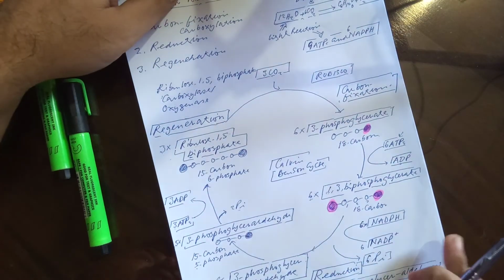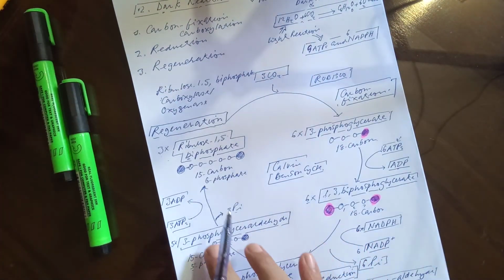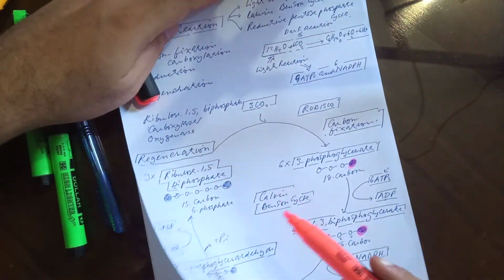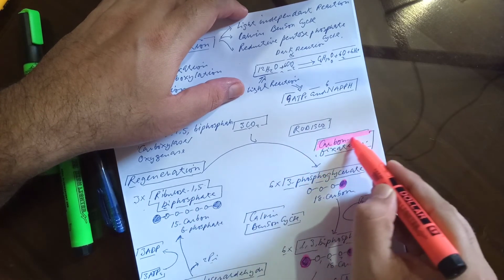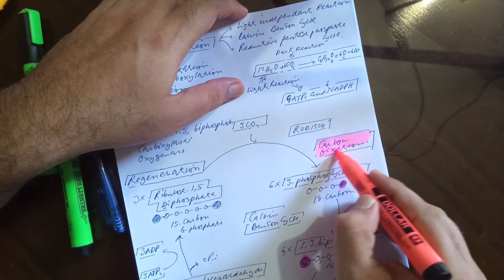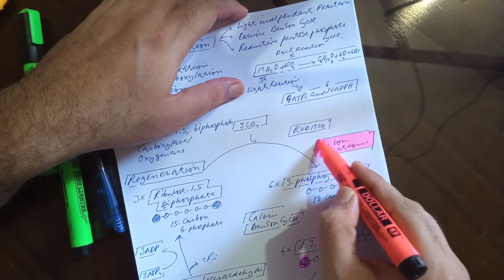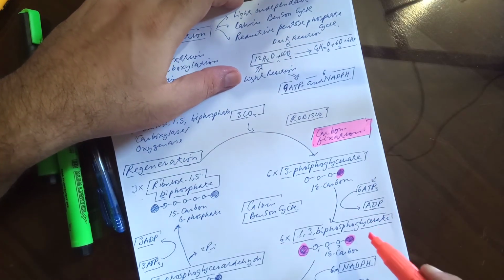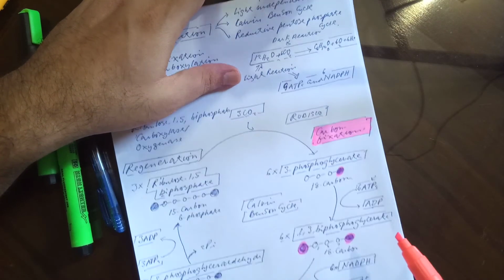So what we have done in this entire cycle is we have started naming it, all right? Let's just name them with the pink so it gets prominent out of this whole thing here. So the first reaction was the carbon fixation. Okay, just memorize it. That is the fixation of carbon dioxide into ribulose 1,5 into 3-phosphoglyceric acid. Who picked it? Ribulose 1,5-biphosphate picked it.